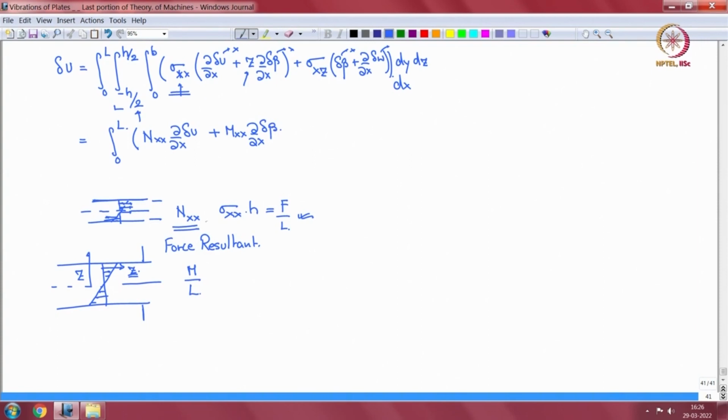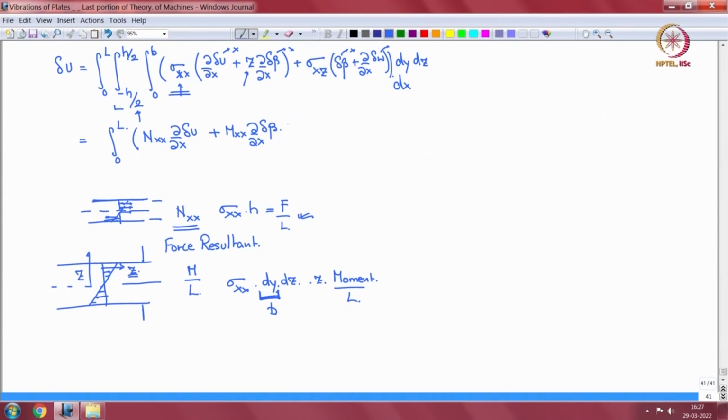This sigma xx into dy and dz makes it a force, and a further z makes it a full moment. But what we are going to do is separate out the dy integral, which is just a constant, and so we get a moment per unit length.